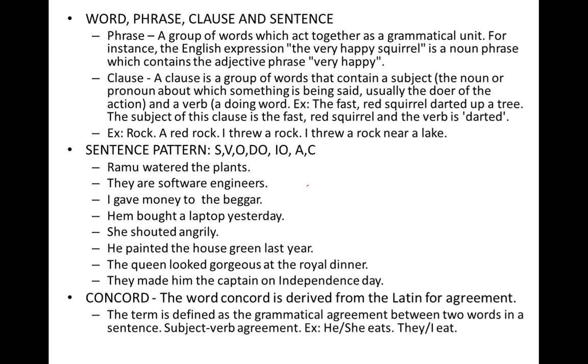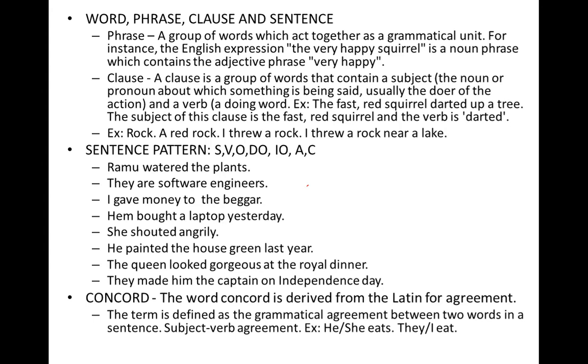So money becomes the direct object, and the beggar is the one who's finally receiving it. Both are objects, but money is the direct object and the beggar is the indirect object. That's what I've written as DO and IO. So SVDOIO. Yes, next one.